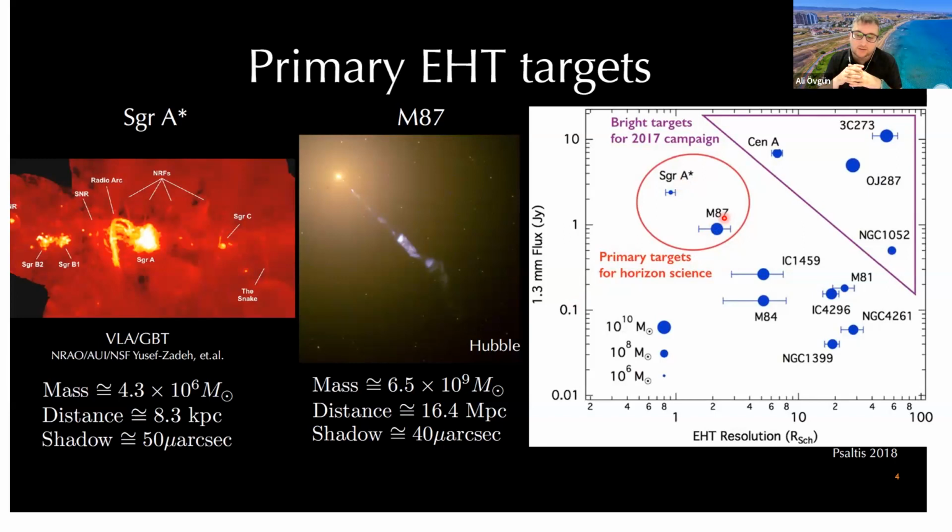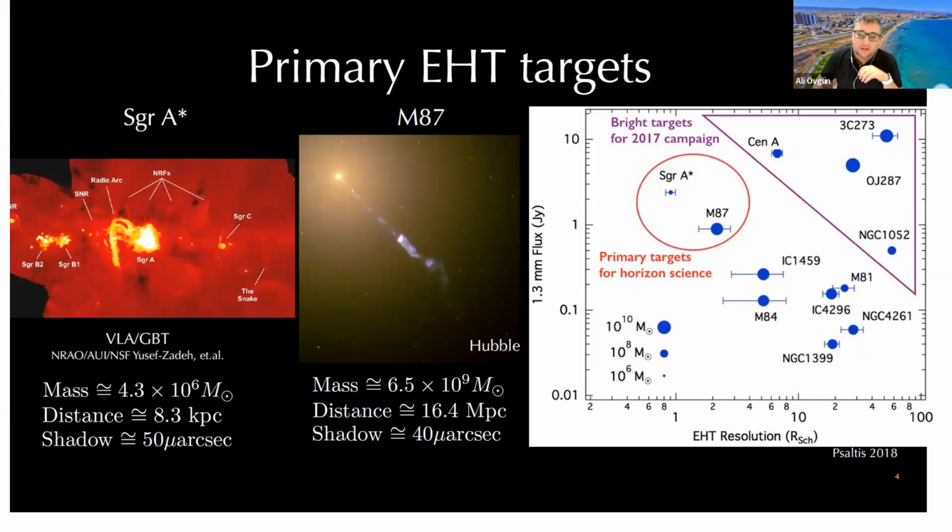All of the sources in this purple triangle, you can see here on the side, are bright enough for the Event Horizon Telescope to observe. We just won't be able to do horizon scale science with them, so we only focus on the Sagittarius A* and M87 black holes.